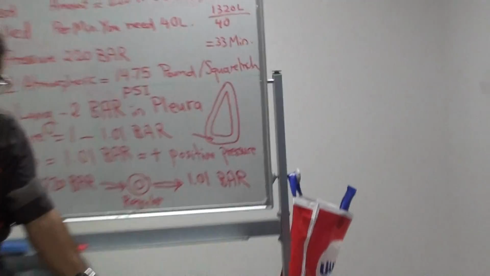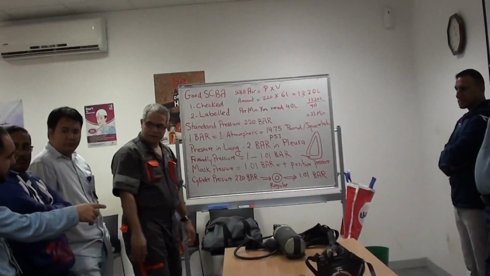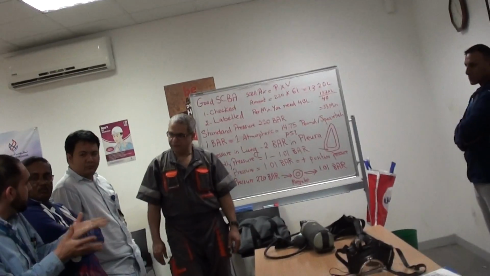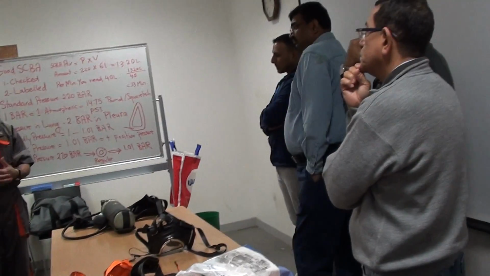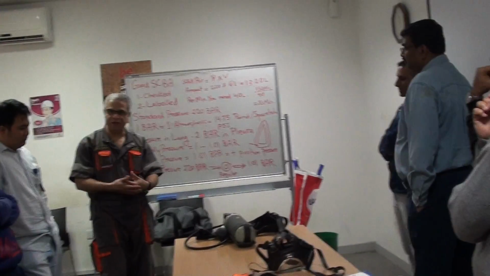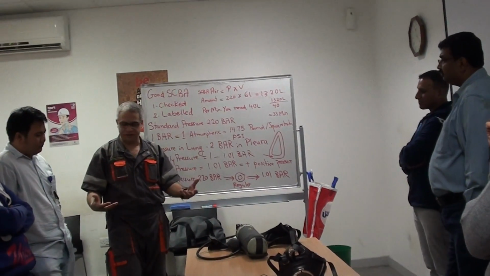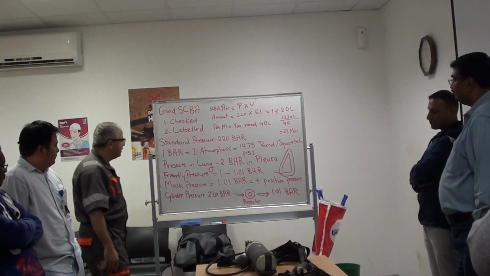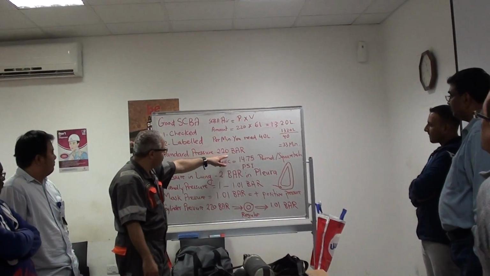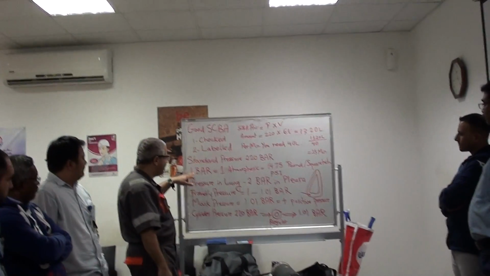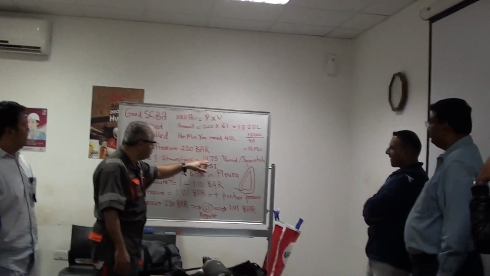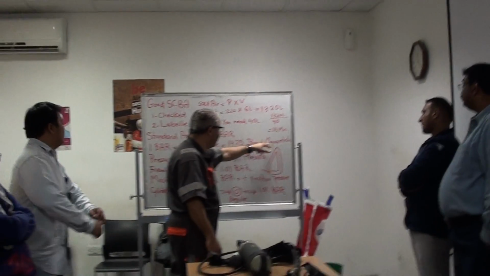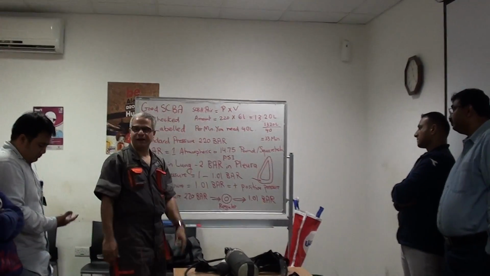Okay? Doctor, if something happens with the regulator, I will teach you now how to test whether the regulator is working nicely or not. So the standard pressure is 220 bar. 1 bar equals 1 atmospheric pressure at sea level, which equals 14.5 pounds per square inch, PSI.